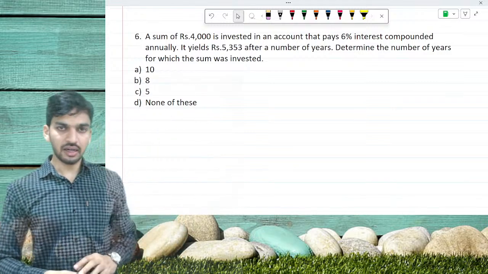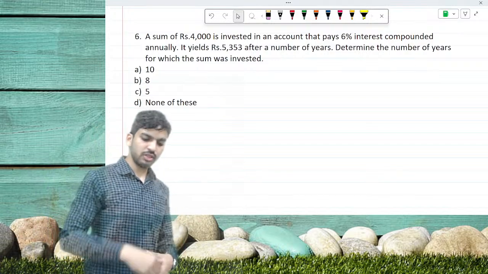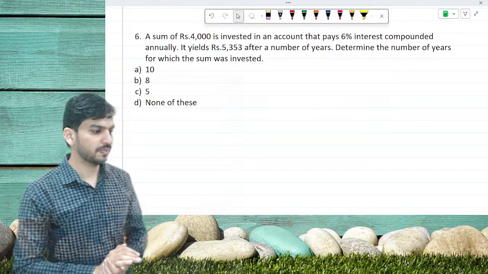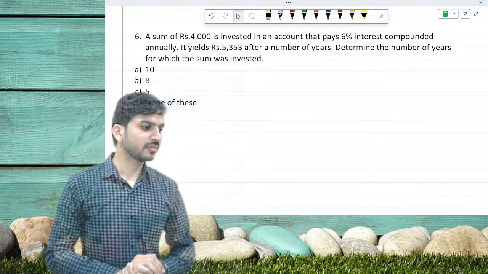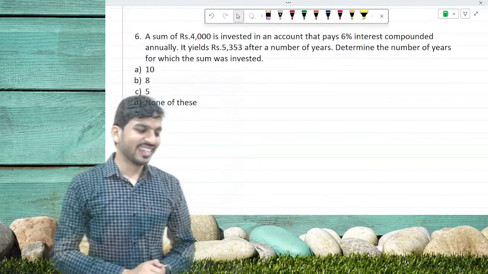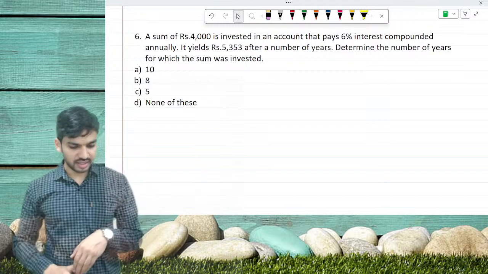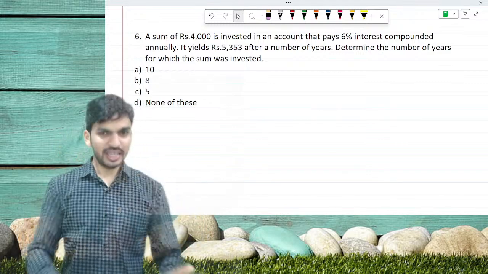It becomes 5,353 after a number of years. So determine the number of years. Very easy, very easy.